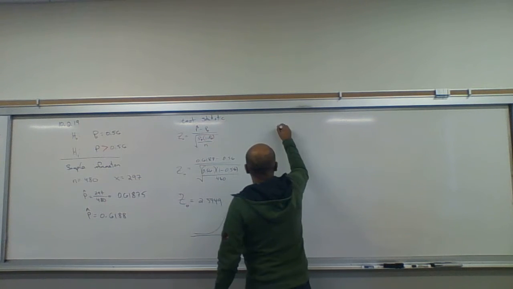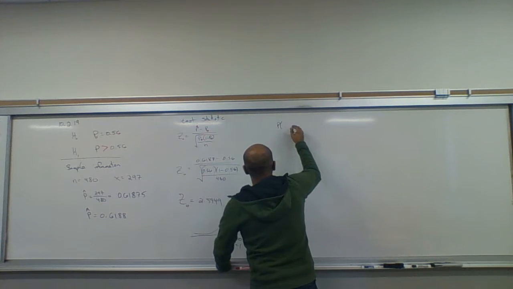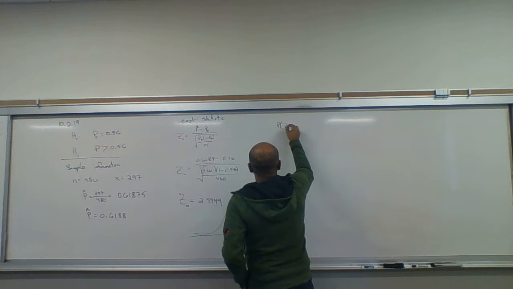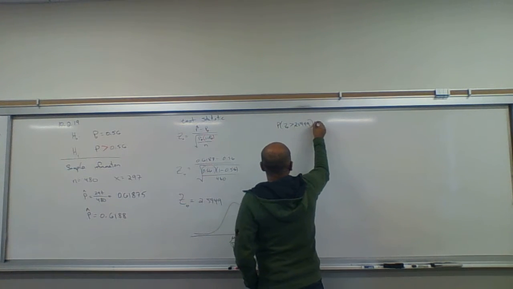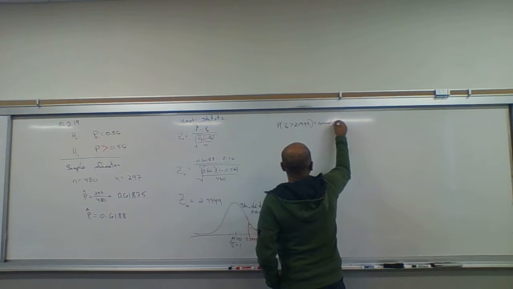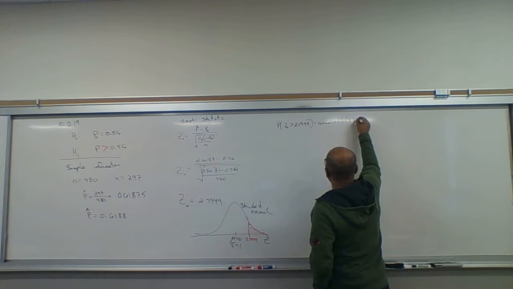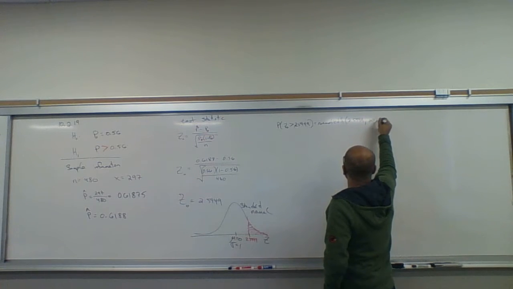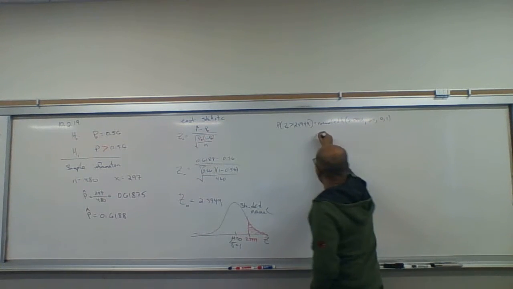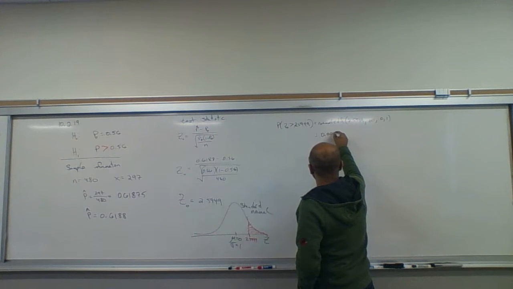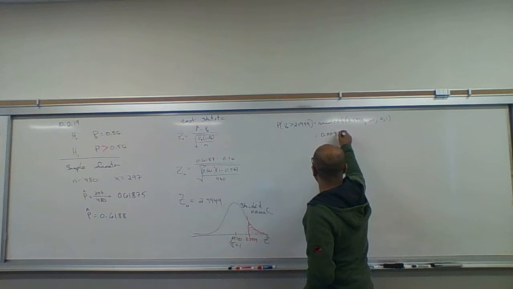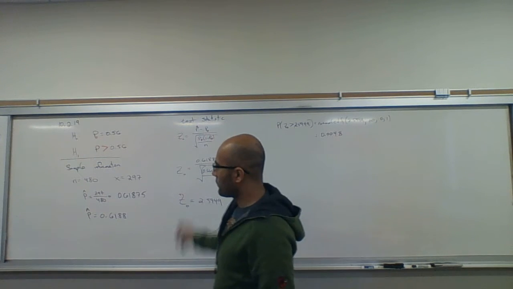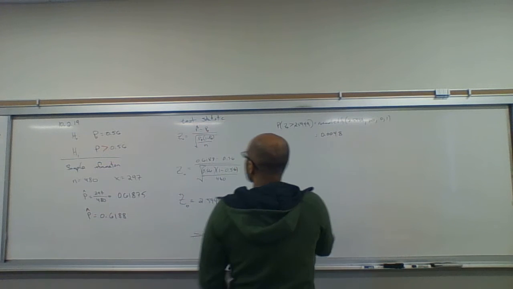The probability that Z naught is greater than 2.5949 is equal to normal CDF from 2.5949, comma, infinity, comma, 0, comma, 1, and that's where we say that it's 0.004 something. 47? 48? What was the other one? 4731.